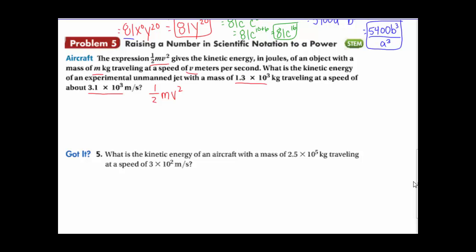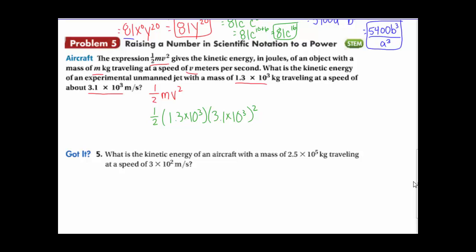If we plug in the information it gave us, the mass of the unmanned jet is 1.3 times 10 to the third. So I plug that in for m, and we know that speed, or v, was about 3.1 times 10 to the third meters per second. And v in our formula was squared, so don't forget to tack that on the end.